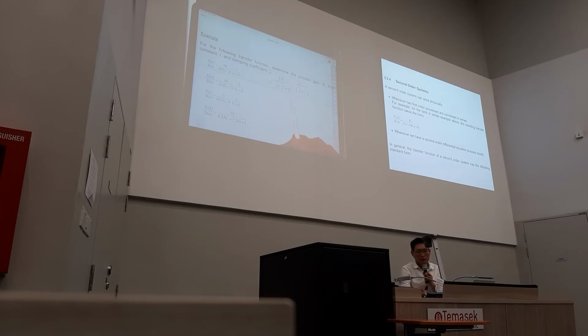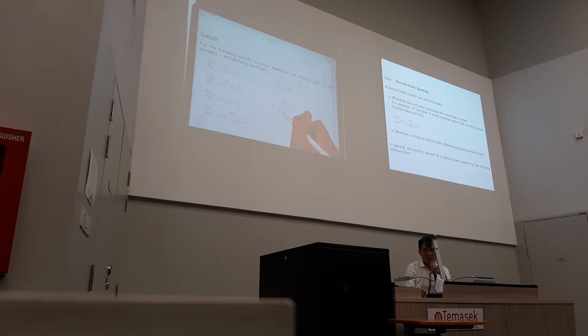You look at it, we have two terms, so it's actually a second order transfer function. And remember, if you need to find the gain, tau or the damping coefficient zeta, you must arrange this into, as I said just now, the standard format. The standard format is what? K divided by what?